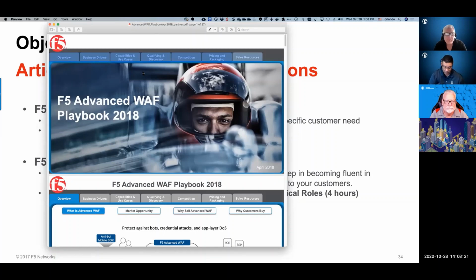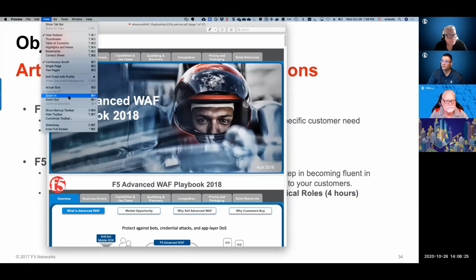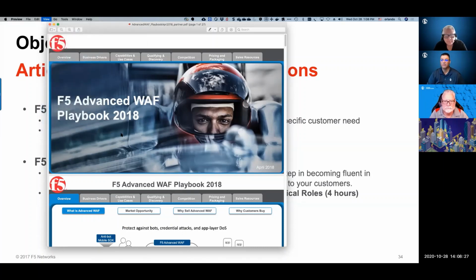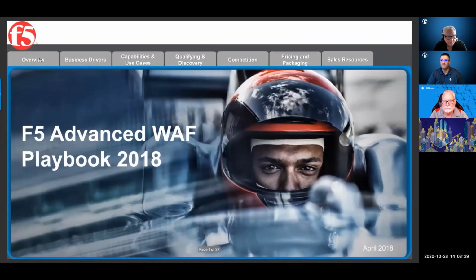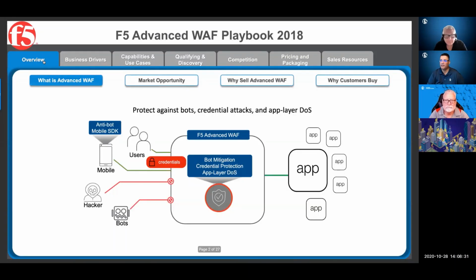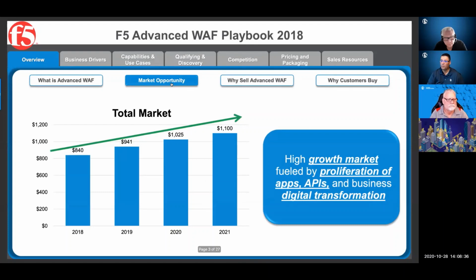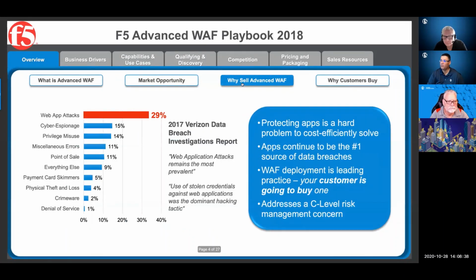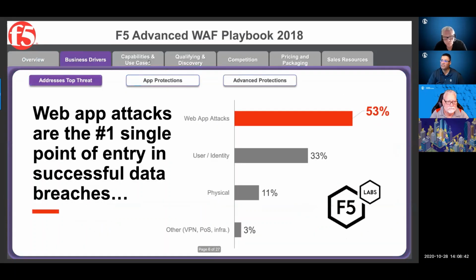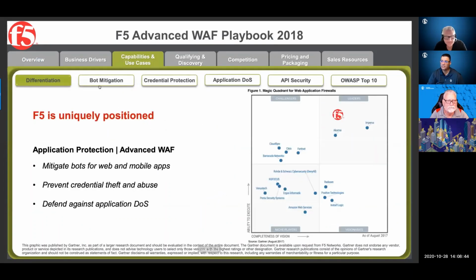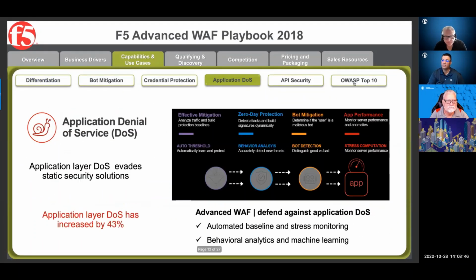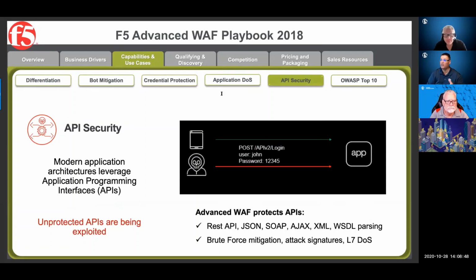What's cool about these is that if I go to full screen mode, these are interactive playbooks where you can click through, and they give you an overview of what the F5 product is, the market opportunity, why sell this, why customers, who should we target, business drivers, use cases. These are all pretty good because they're a quick summary as you're trying to learn these products and how to position them.